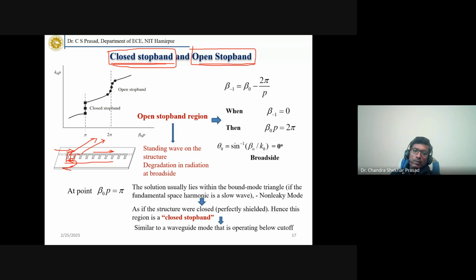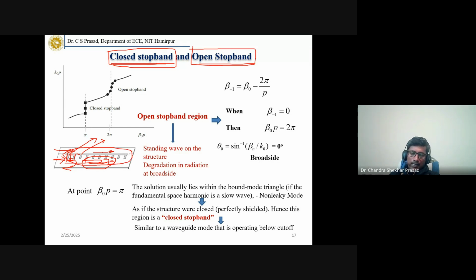Now if you have a relation such that all these reflected waves add to each other, we'll have a situation where the reflected wave will block the incoming wave. This will basically stop the incoming wave, and there will be a standing wave in the structure.